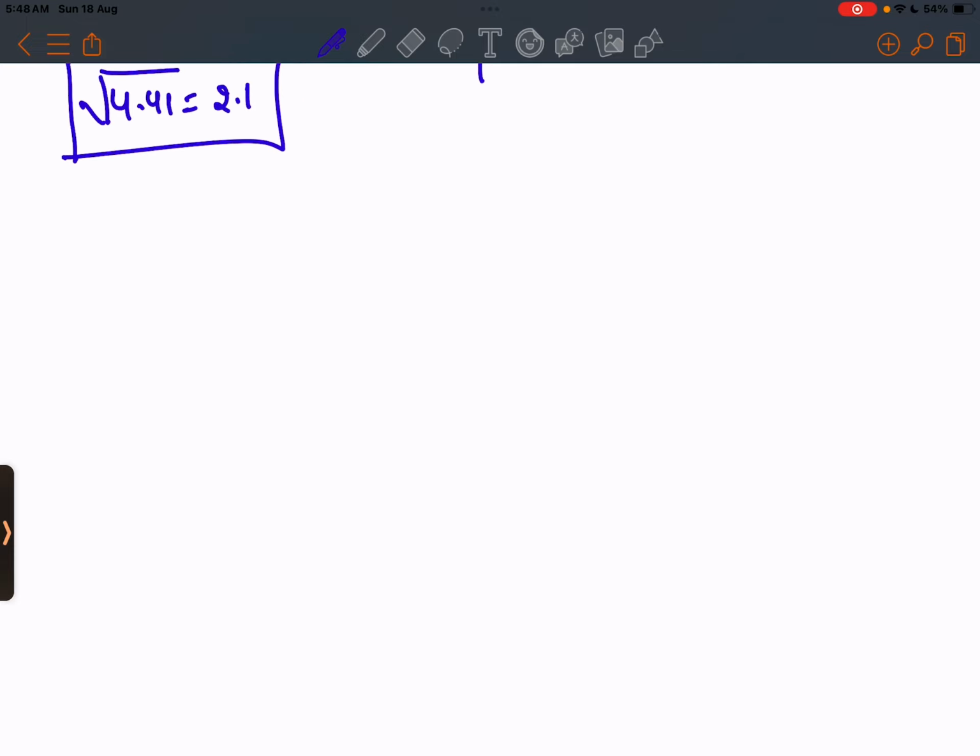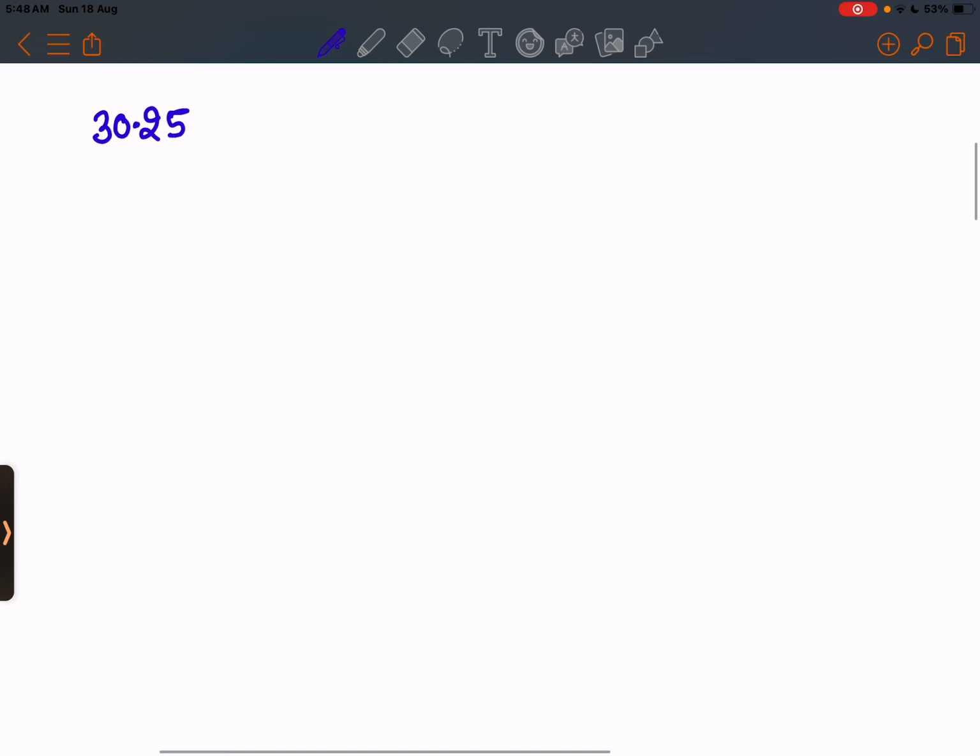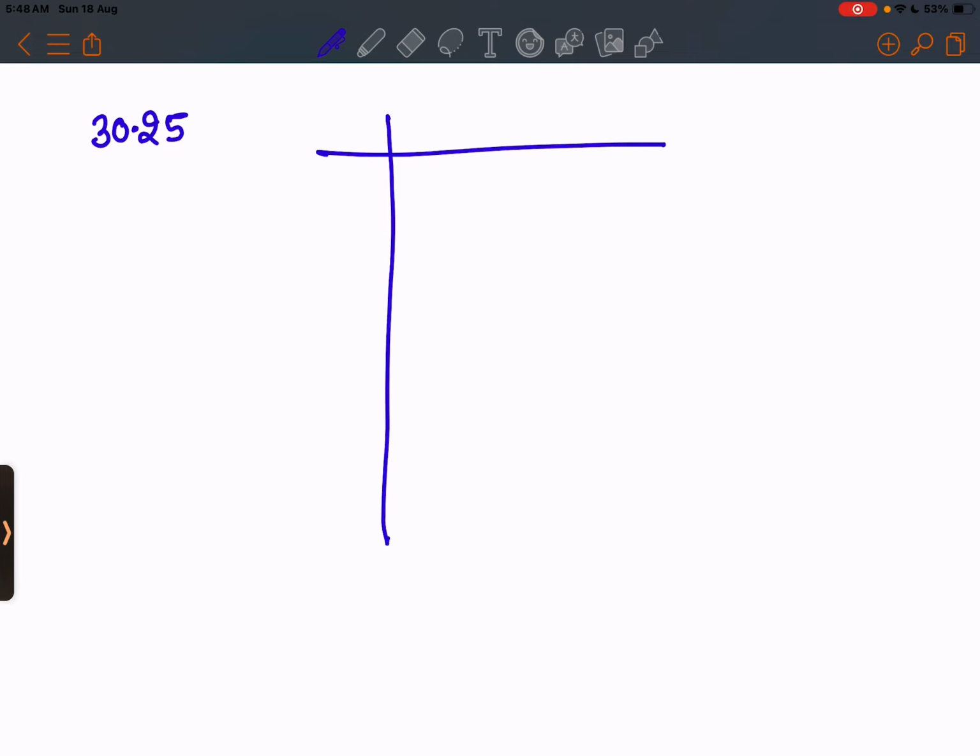See the next example. Just take a random number, 30.25. So we have to find the square root of 30.25. Proceed as usual.